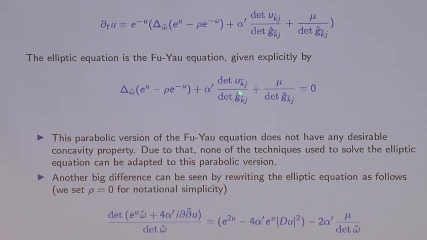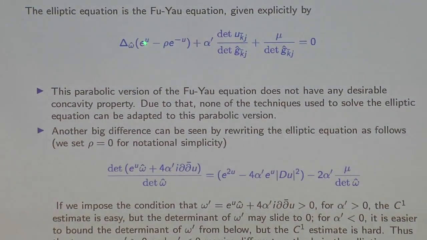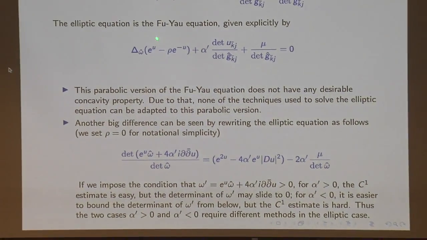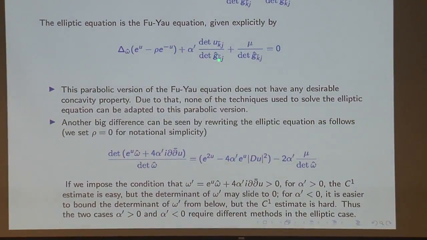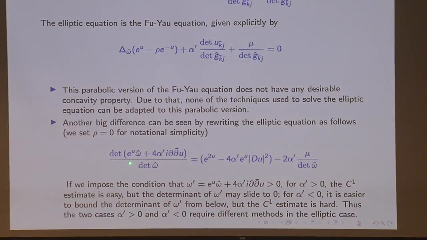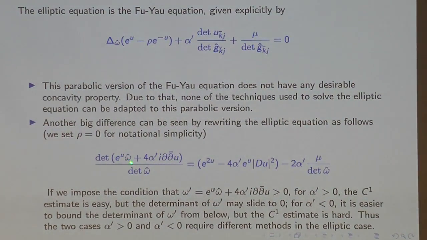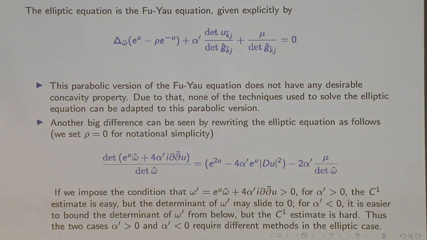You see that here you have a Hessian, and here you have some second derivative. So you have to put these together, and the way to do that is to write this whole expression as roughly the determinant of dd^c u, but shifted by e^u omega hat. So the background is not omega hat, as you may expect, but it has to have this e^u in there. And then you will have also additional terms involving the gradient of u squared.